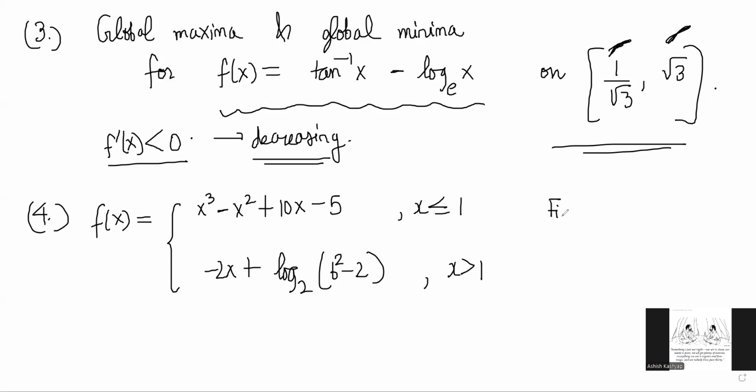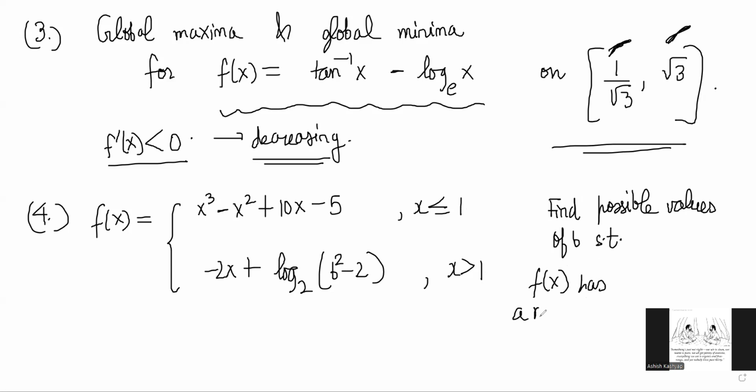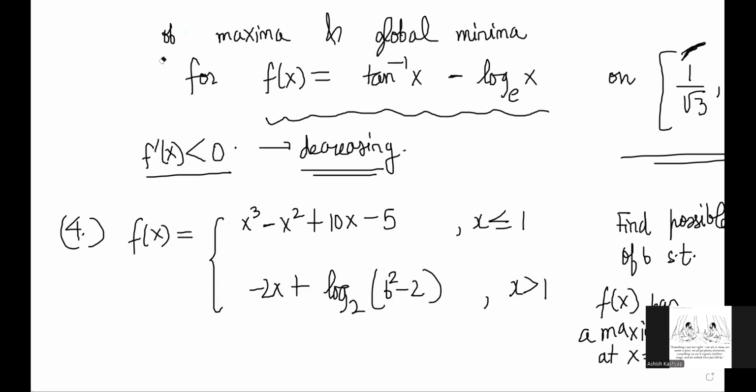You have to find possible values of b such that f x has a maxima at x is equal to 1. You have to find the set of possible values of b so that f x has a maxima at x is equal to 1.